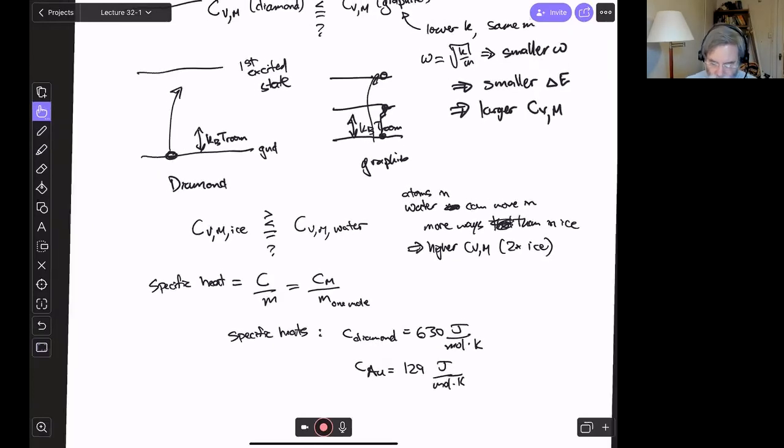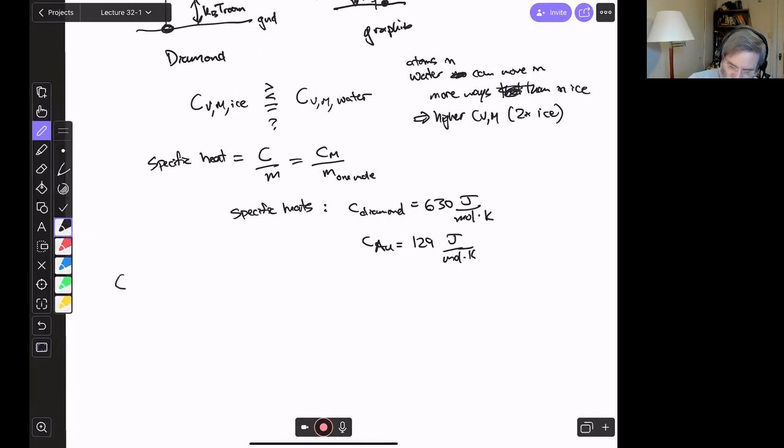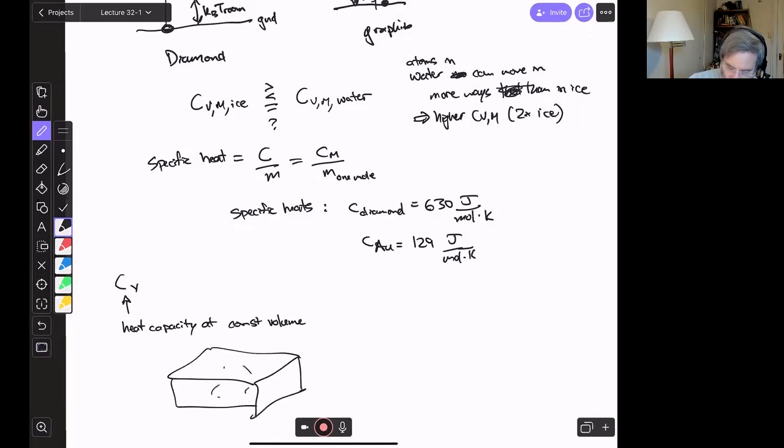Okay. Now, when you are talking with physical chemists or with physicists about heat capacity, they're almost always going to start muttering about this heat capacity at constant volume, which is what we've been talking about so far. So for example, we had a box that was filled with gas and we don't allow the gas to expand.